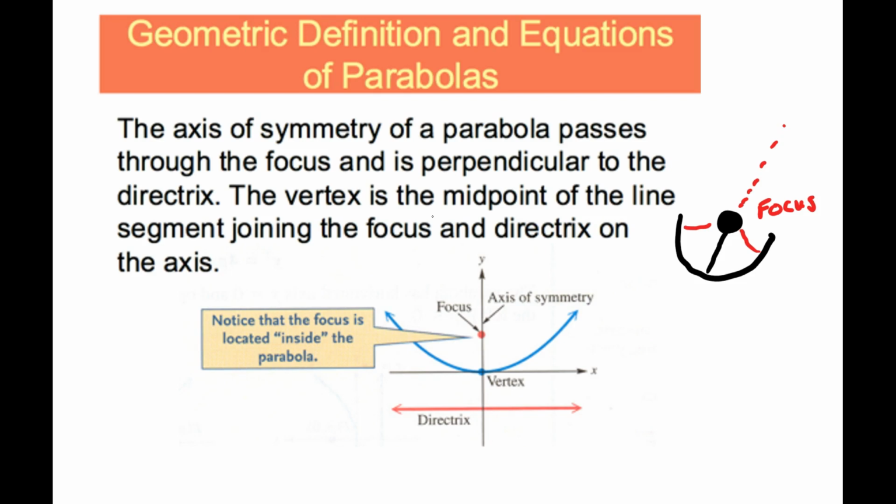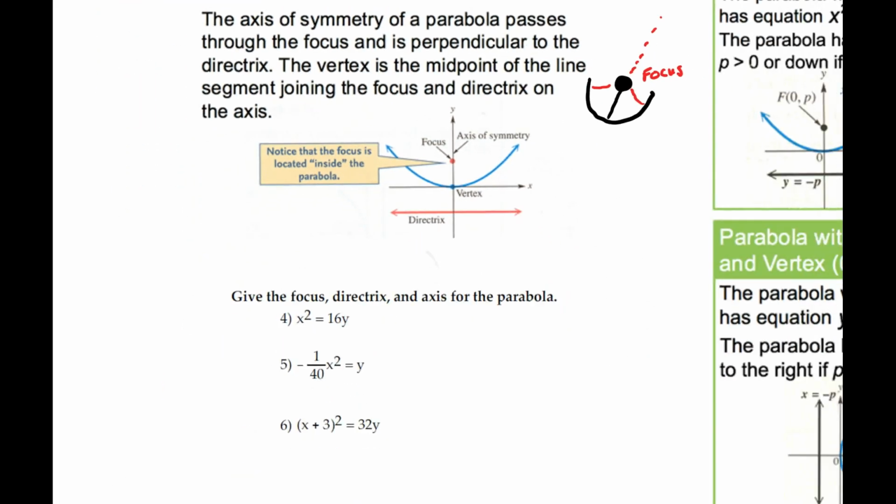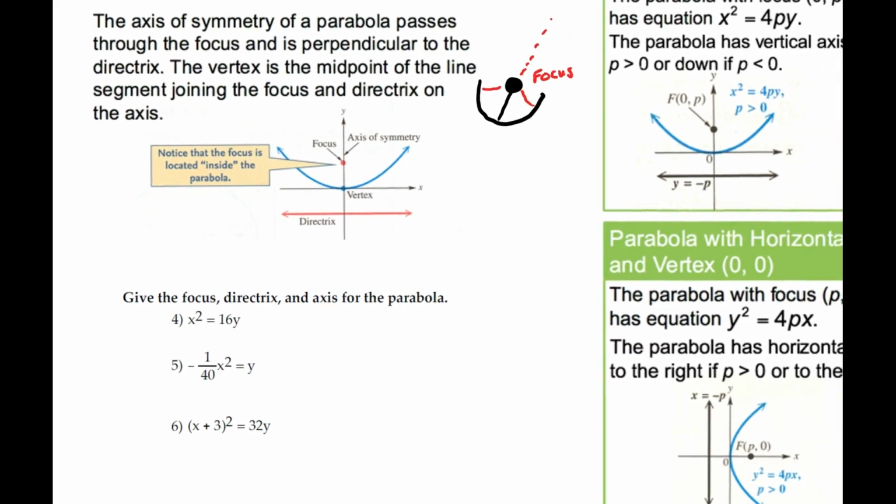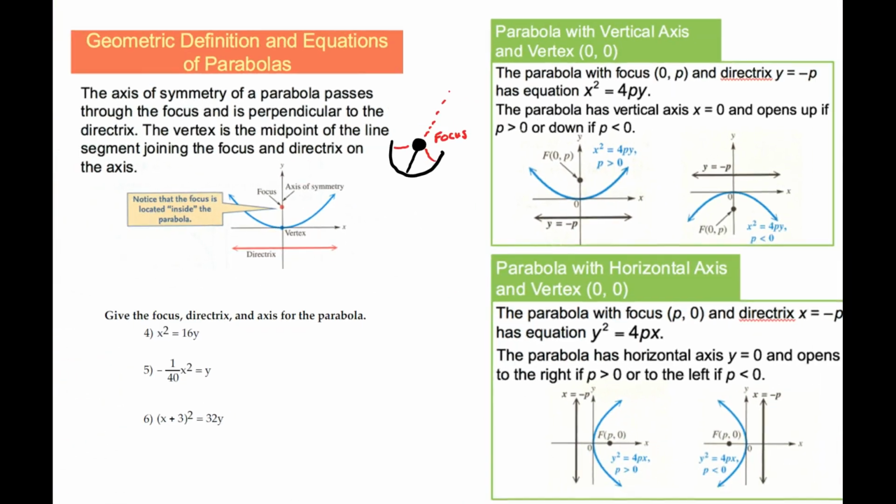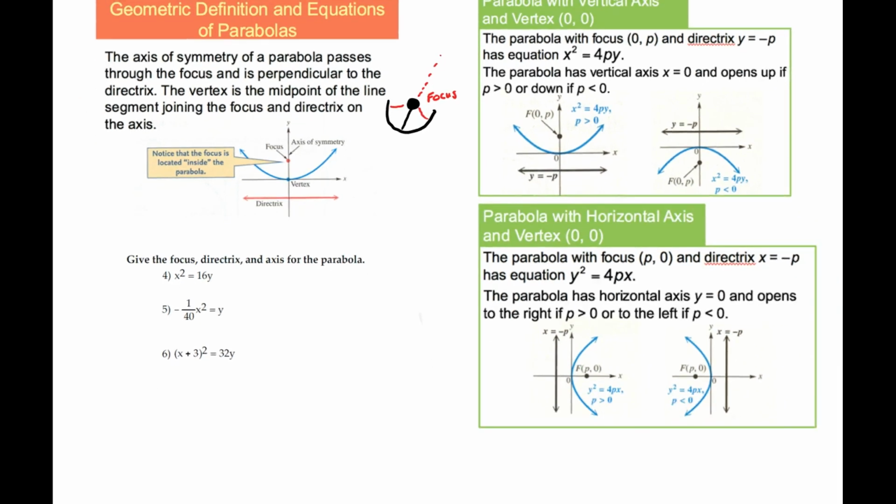So let's take a look at a couple of examples where we're going to have to find something like the focus or the directrix. We've got some formulas here, and the formulas are going to assist us in finding this critical information.